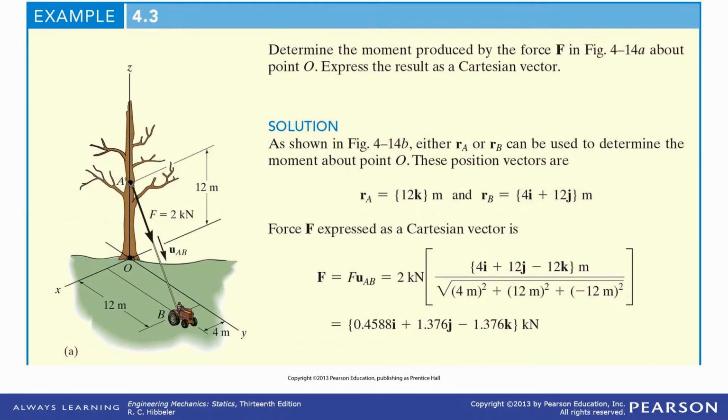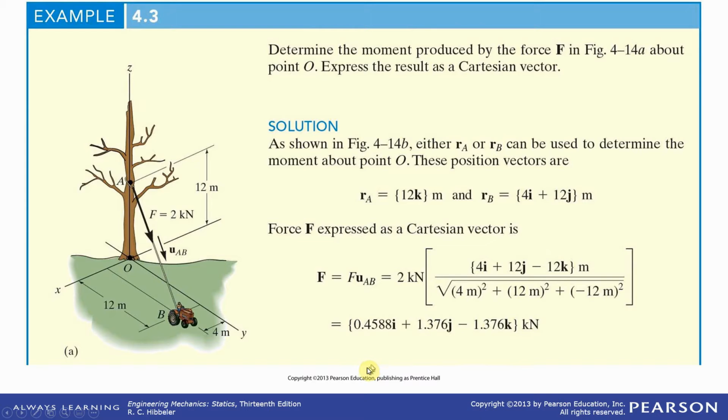Let's go to this one, three-dimensional problem. So we have a force, and we've got to calculate UAB. So you find out R, determine the moment produced by F about point O, express the result as a Cartesian vector. It's three-dimensional.